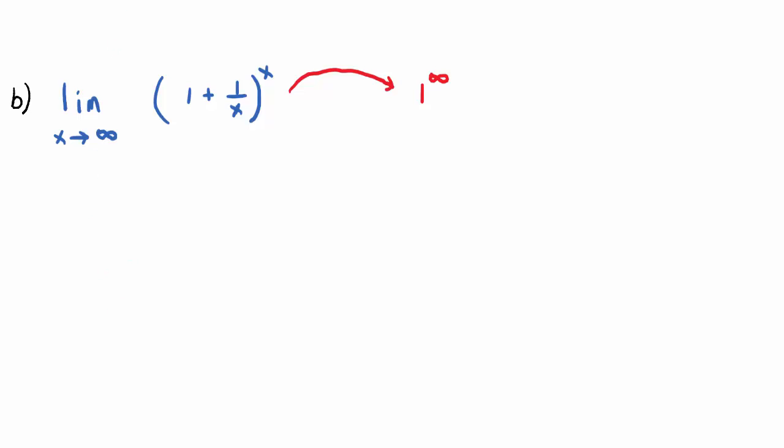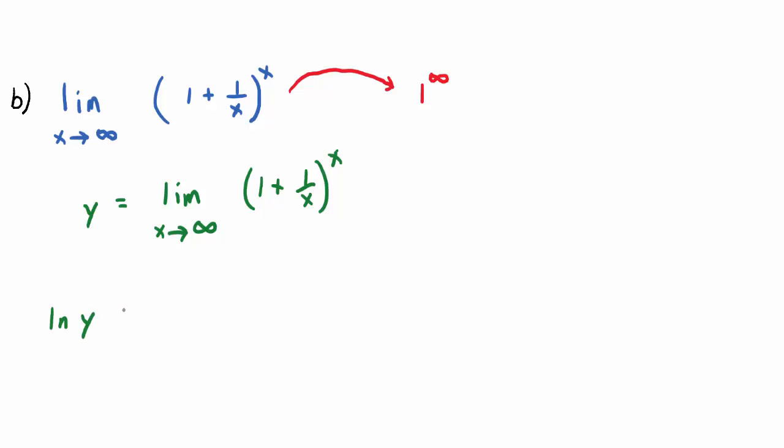First, let's set y equal to that limit. And then the idea is, let's take the natural log of both sides and then take advantage of the power rule for logarithms, right?